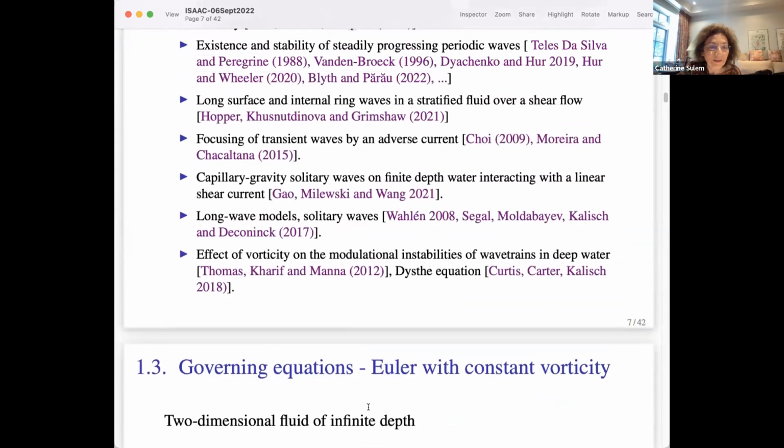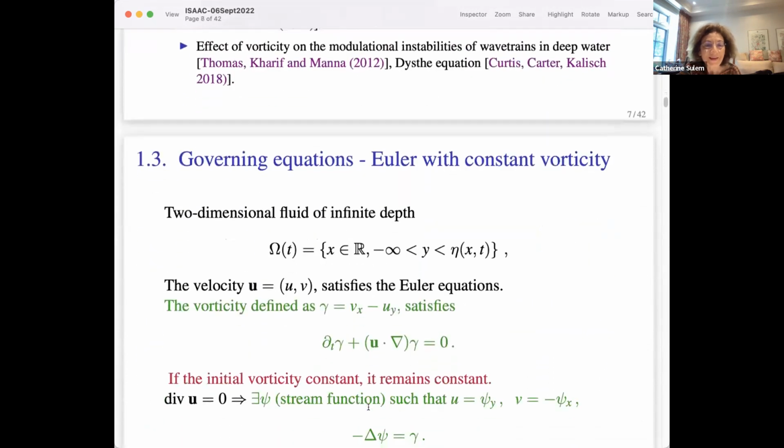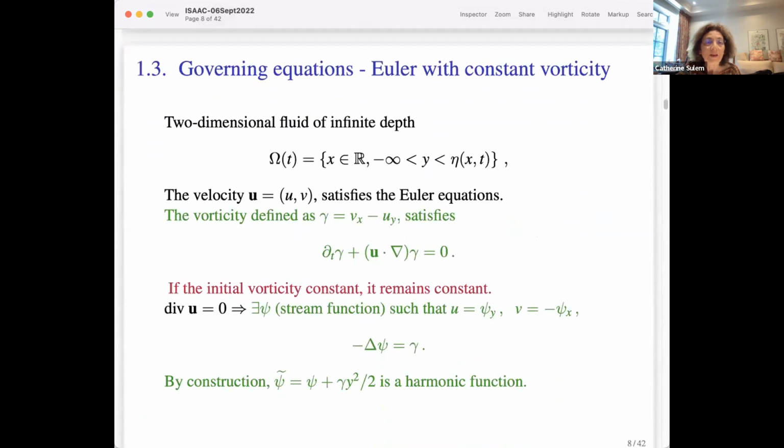Okay, so after this horizon of works, I will present the governing equation, the Euler system with constant vorticity.